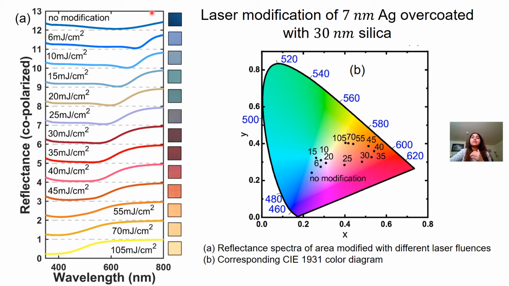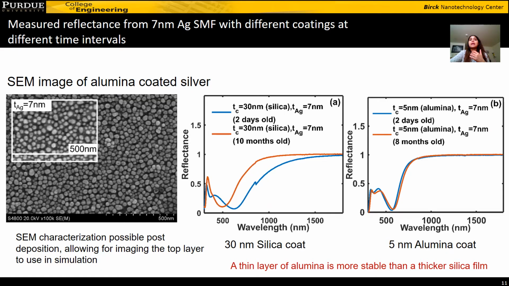The initial color was blue, and as we gradually increase our energy density, we see a gradual change in the optical spectra, and the corresponding reflected color also changes. Here you can see in the corresponding CIE color map that we have a wide range. Just using one substrate, or one film, we can get all these colors.